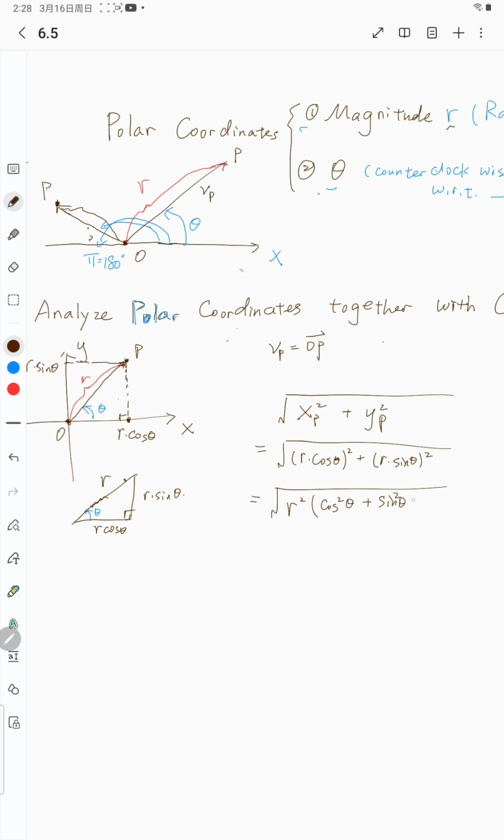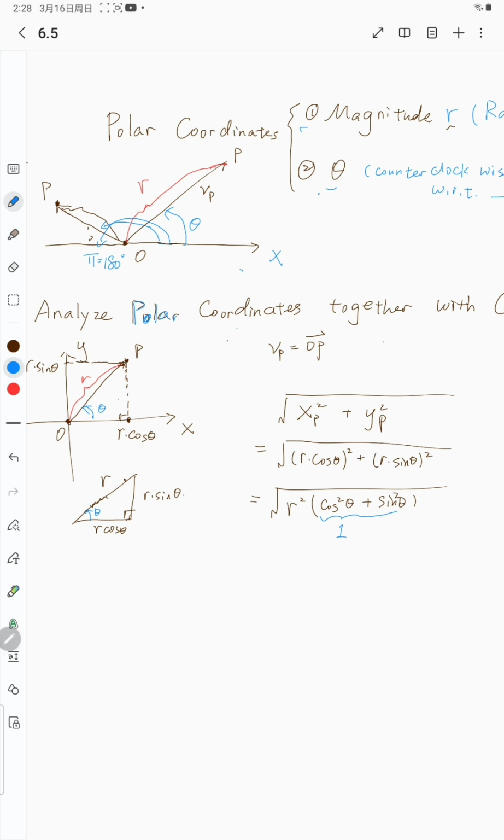It's natural, right? And then I guess maybe you already observed from your knowledge that this here is just 1, right? For any theta, cosine squared theta plus sine squared theta is equal to 1. All right, so this is good.